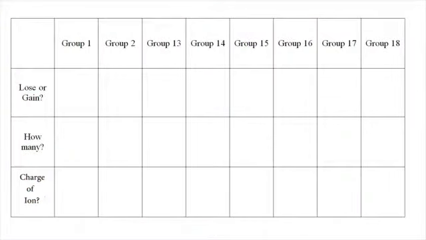Write the group number across the top. Then, down the side, let's look at whether an atom will lose or gain a valence electron, how many will be lost or gained, and the charge of the ion formed. Remember, groups 1, 2, and 13 are metals. It's easier and requires less energy for those elements to lose electrons and make cations.